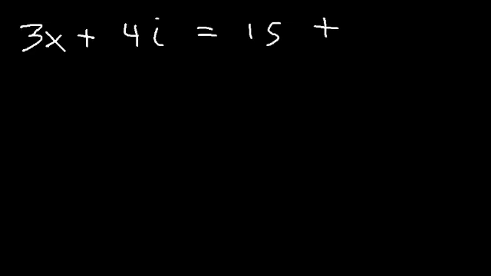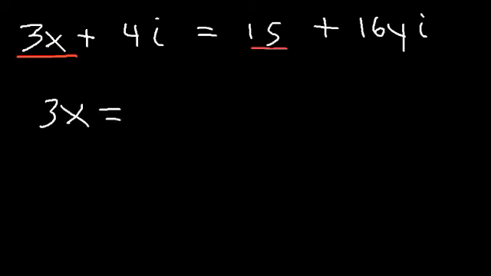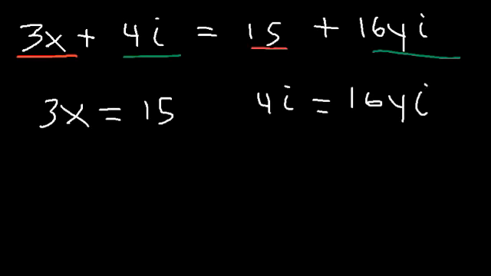Try this one. 3x plus 4i is equal to 15 plus 16yi. So let's set 3x equal to 15, since both of those terms are real numbers. And let's set the imaginary parts equal to each other. So 4i is equal to 16yi.